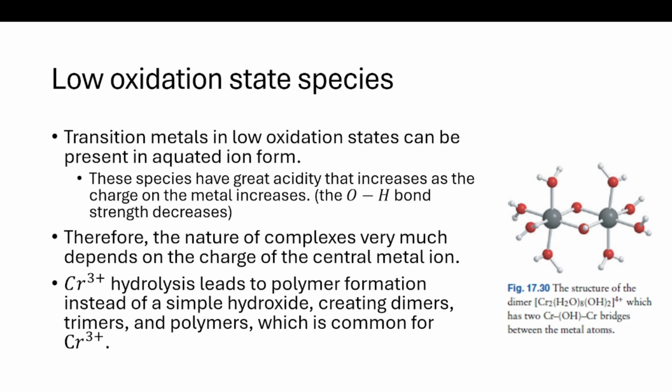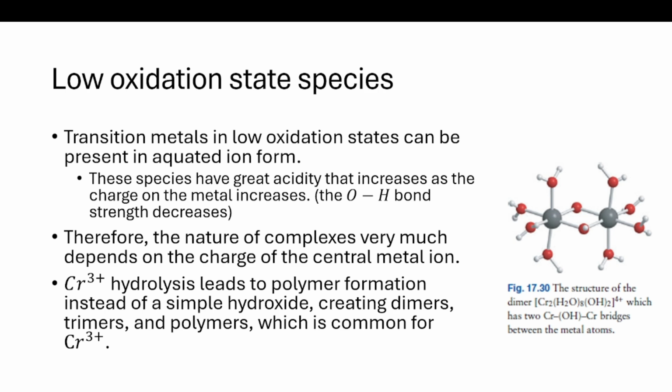And these species, such as the chromium species, have great acidity. As the charge on the metal increases, the bond between the oxygen and hydrogen, when we're looking at the water as a ligand, will decrease. And because that bond strength decreases, we're going to have more free protons in solution. Therefore, acidity will increase, or in other words, the pH will decrease.